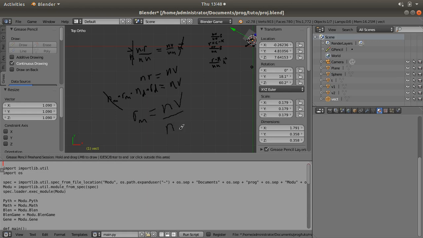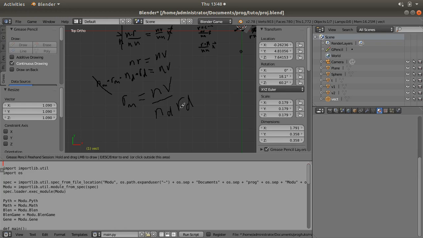So I'm going to divide this, and I get this. And these are both normalized vectors, so I think you need to normalize the ray before you use this formula. But you get the magnitude of the ray is equal to n·v over nd·rd.